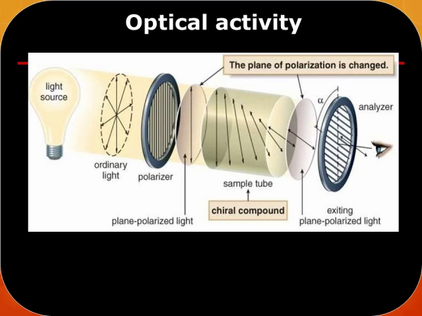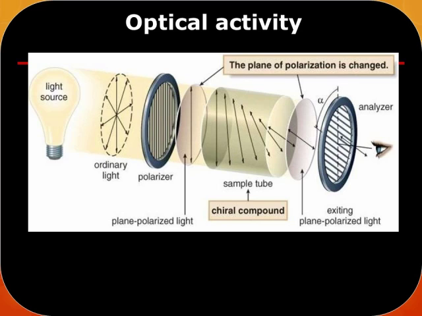The light source is usually monochromatic light, which you have learned about in physics along with light waves, so you can apply that knowledge to optical activity. Here the chiral compound is kept in the tube. Usually the chiral compound has a mirror image, so there are two enantiomers.